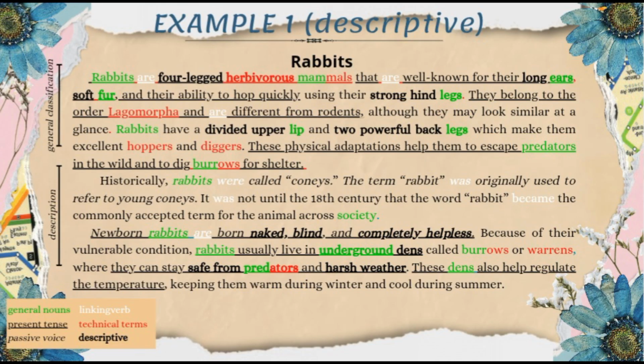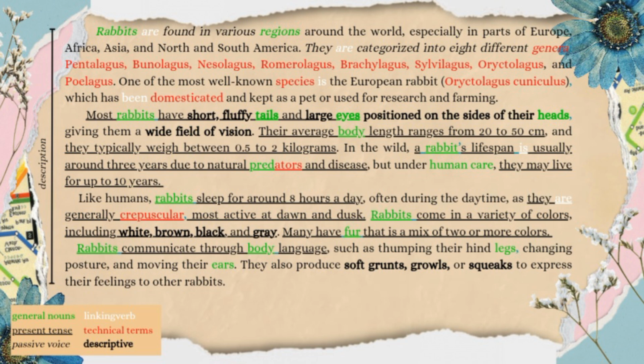The first one for descriptive types, it's about rabbits. So the first paragraph is general classification. This paragraph explains the general information about rabbits. And the second paragraph to the end is description. These paragraphs explain factual details about rabbits. And for language features, the green words are general nouns like rabbits, mammals, ears, and many more, as you can see.